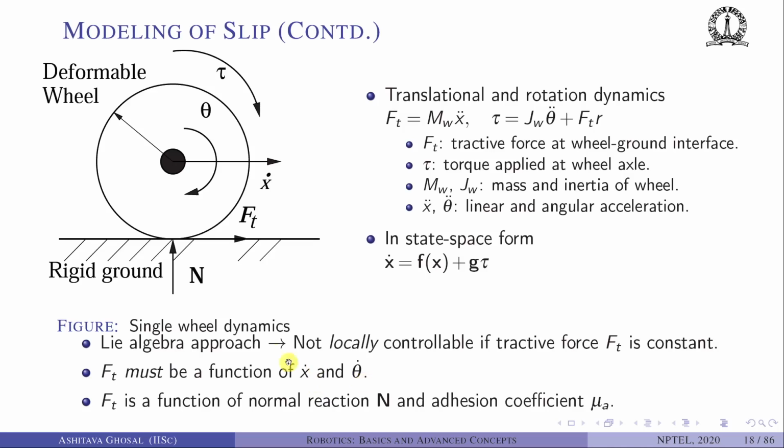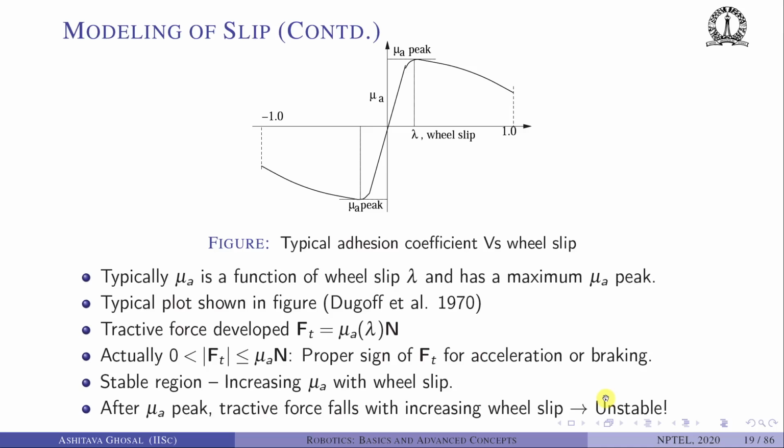So typically, what is Ft? As I said, Ft is a function of the normal reaction N and some kind of adhesion coefficient or coefficient of friction mu a. The mu a itself will change due to wheel slip. The coefficient of adhesion or friction will increase if the wheel slip is increasing, up to some peak.